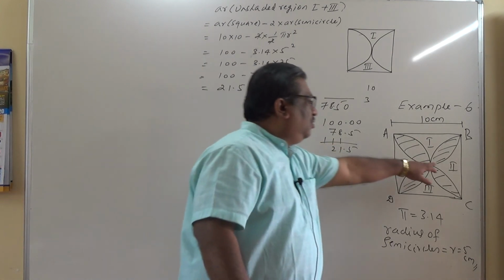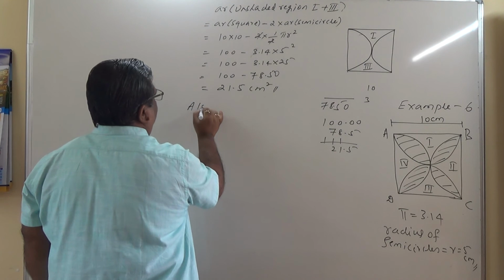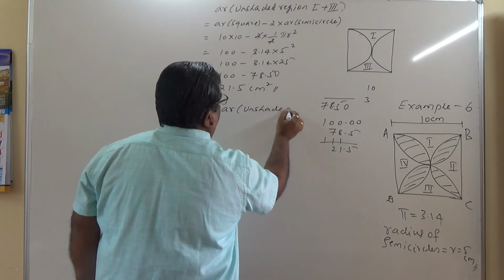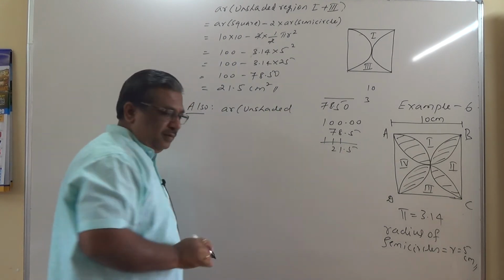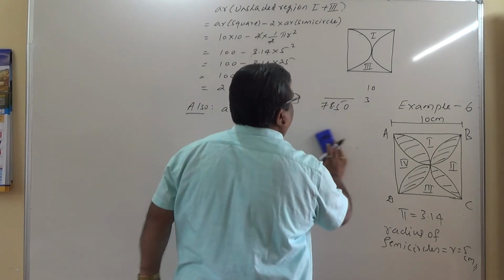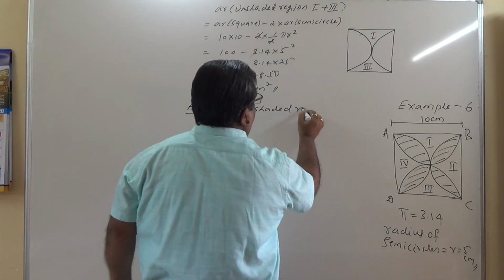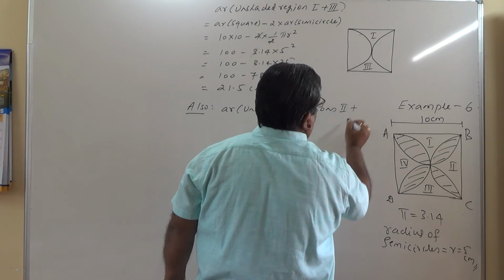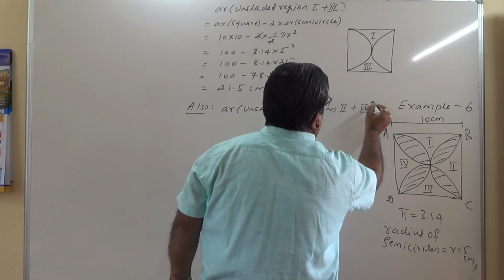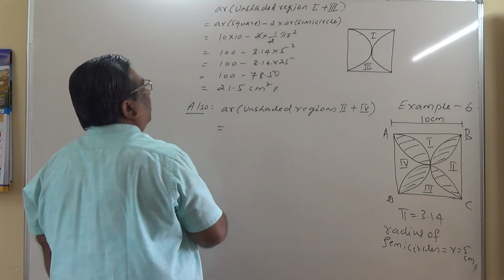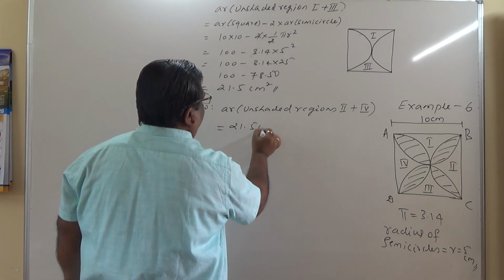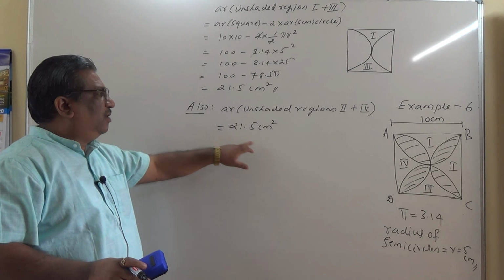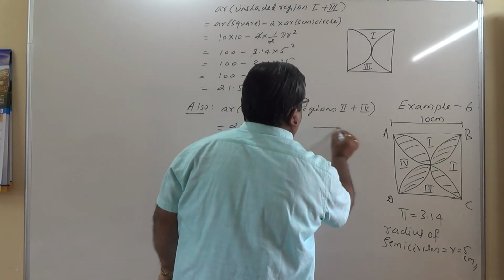What about 2 plus 4? Also area of unshaded regions 2 plus 4 is equal to the same 21.5 square centimeter, because here you can see both are same.